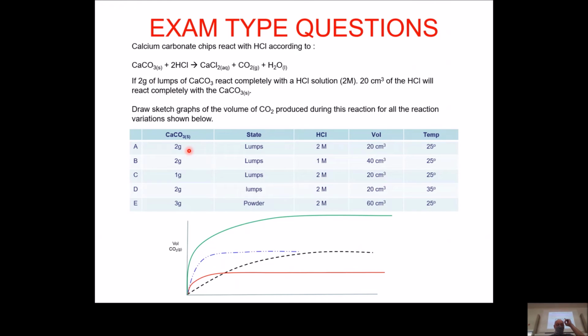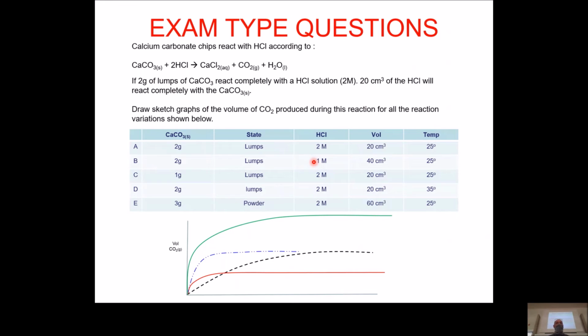So in A, you had 2 grams of calcium carbonate in lumps. The state refers to the calcium carbonate, and it was in lumps. You mix that with 2 molar HCl using 20 centimeters cubed of it. And the reaction took place at 25 degrees. In B, still 2 grams, still lumps, but now you halve the concentration of the HCl.